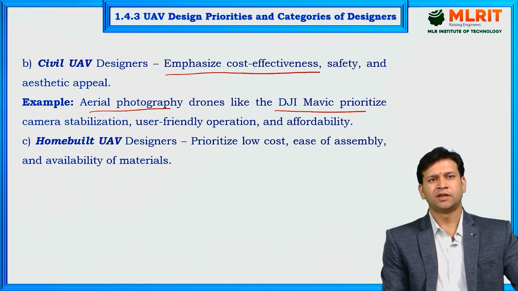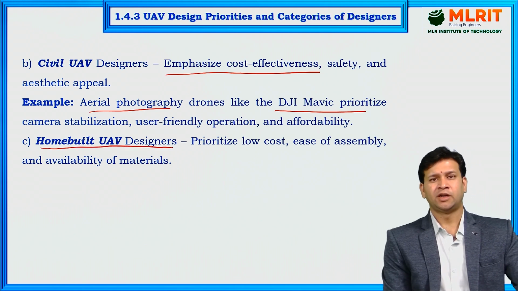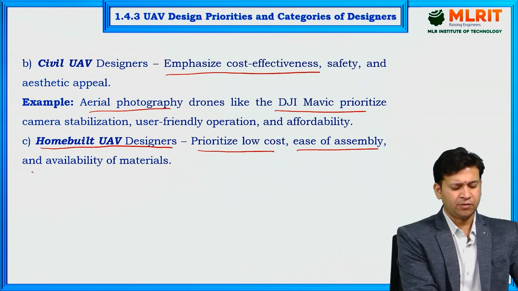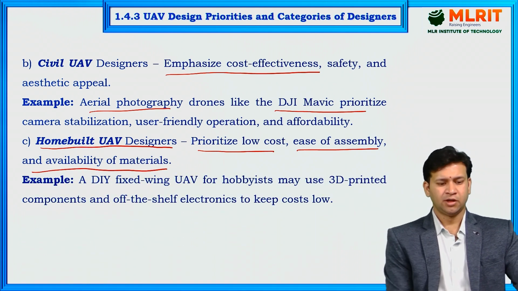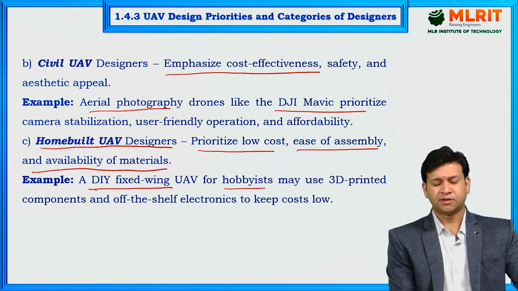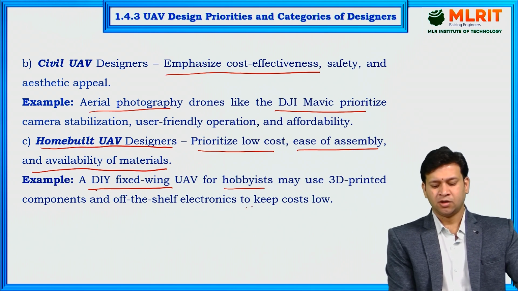The third category is home-built unmanned air vehicle designers. They prioritize low cost, ease of assembly, and availability of materials. Example, a DIY fixed-wing UAV for hobbyists may use 3D printed components and off-the-shelf electronics to keep costs low.